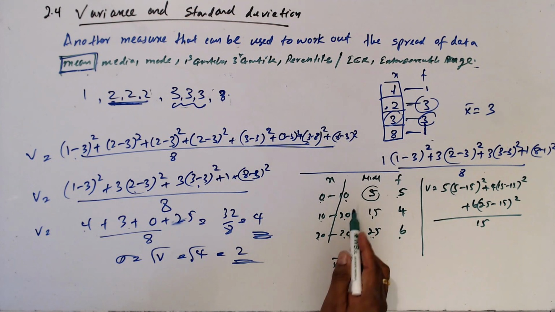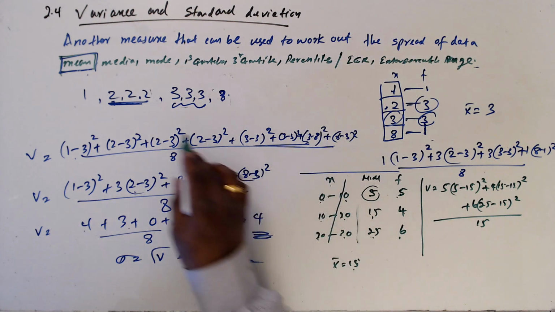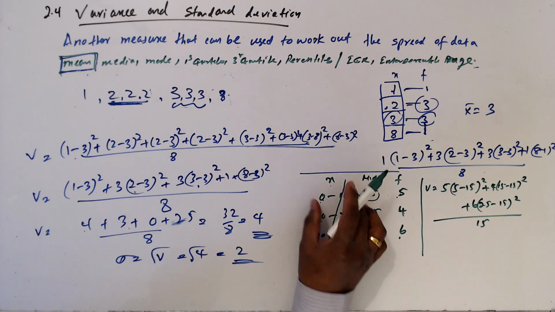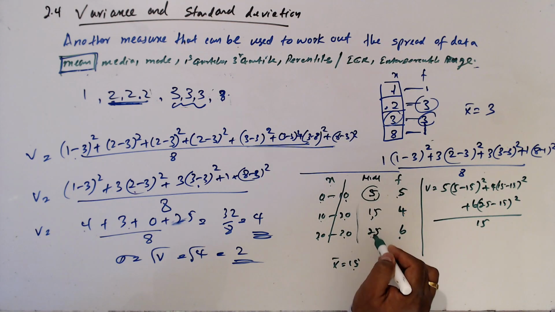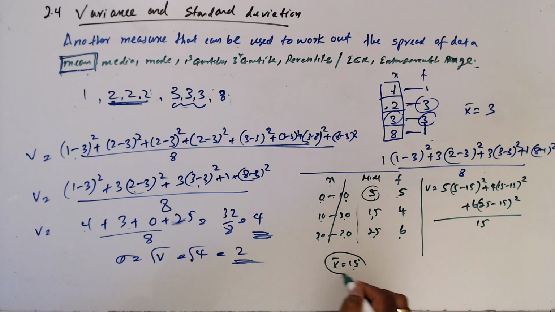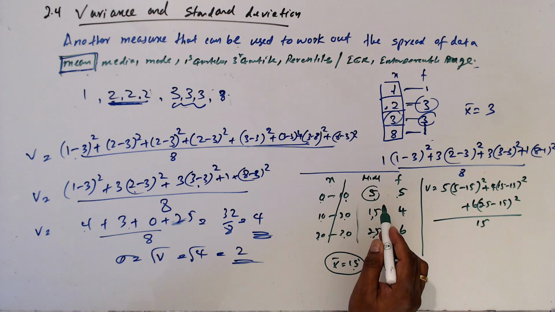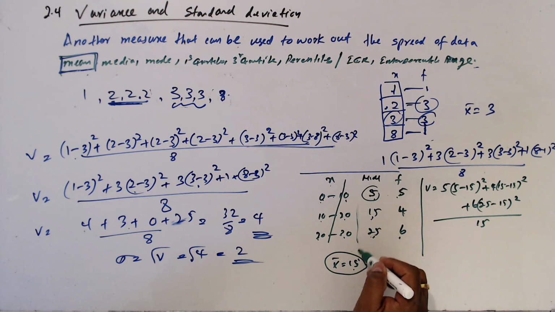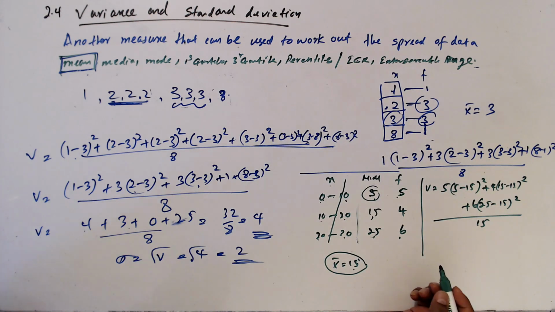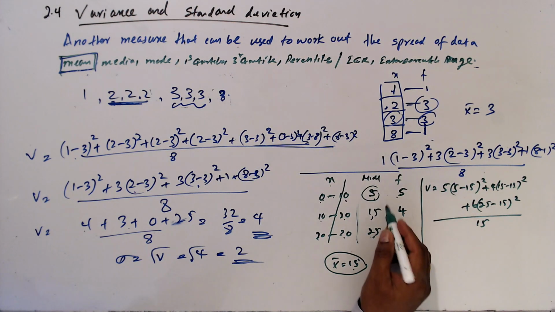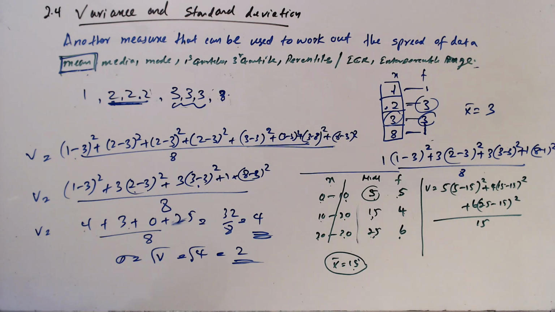So when you have a class interval instead of individual numbers, what do you need to do? You have to get the mid value and subtract the mean from those values.